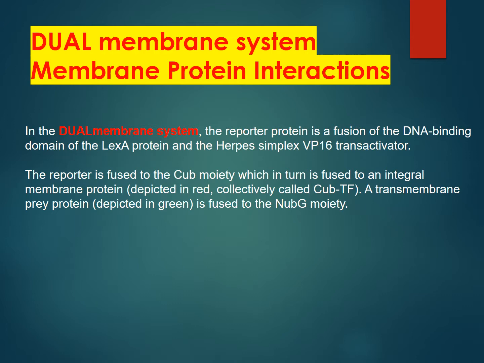Yeah. So this hybrid reporter, LexA-herpes VP16, is fused to the Cub moiety, which is fused to an integral membrane protein, and it's called the Cub-TF, and that's sitting in a membrane. And then any prey we want will be fused to a transmembrane protein that has the Nub moiety to it.